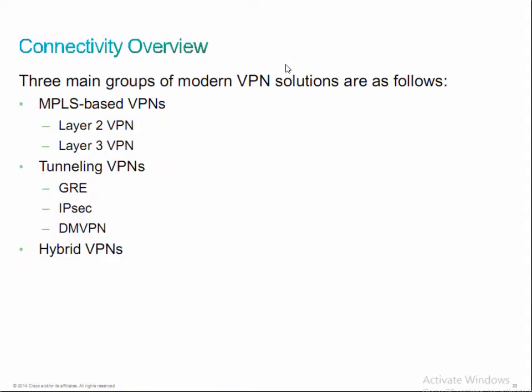With regard to the options that we have for interconnecting our locations, there are essentially two different models that we can deal with. We can deal with a model that's called a service provider managed VPN, where the service provider participates in actually providing VPN connectivity. They're either doing that at layer 2 or layer 3.